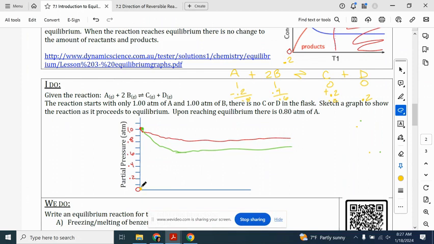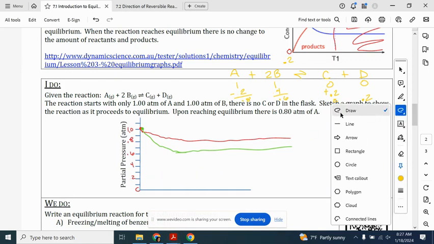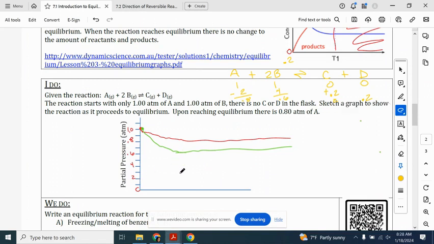So I'm going to take this guy, and I'm going to take him up, and it's probably not the best. Let me try to redo that. Okay, I'm going to try to get him at equilibrium right about here.